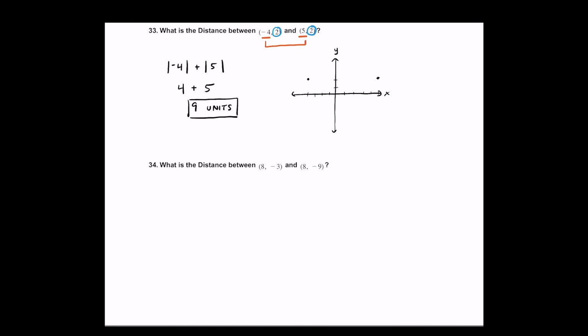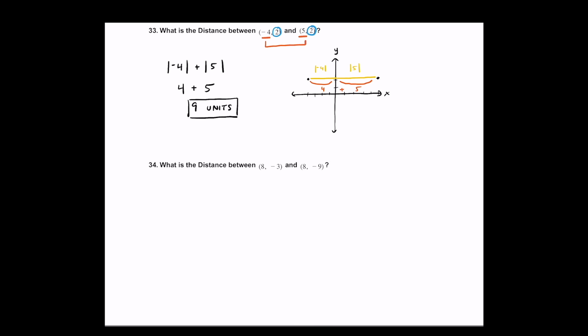This is visually where these 2 points are. So why do we add their absolute value? Well, here is the 4 units, or the -4. So here's the absolute value of -4. And then here is the distance of 5. Again, they're being compared to 0 here. So if you go ahead and add this 4, that's from here to here, and you add the distance of 5 from here to here, that's how you get the total of 9 units.